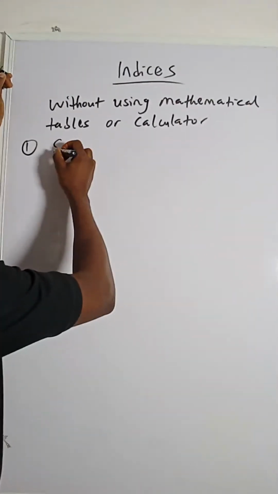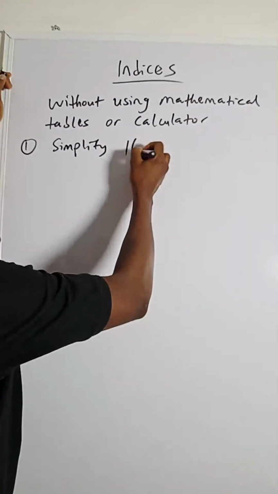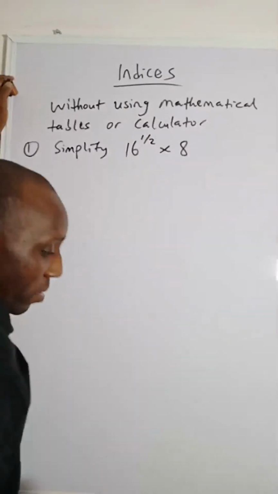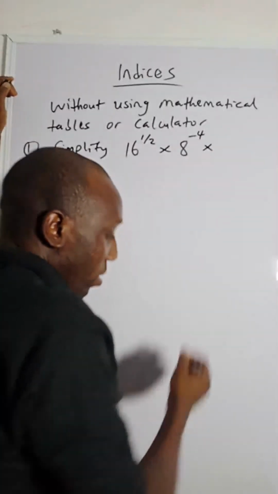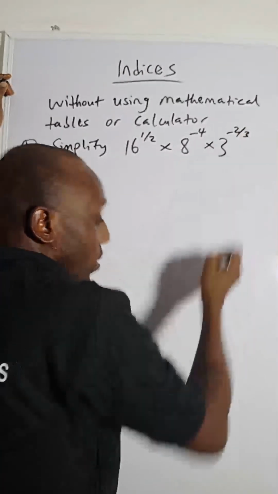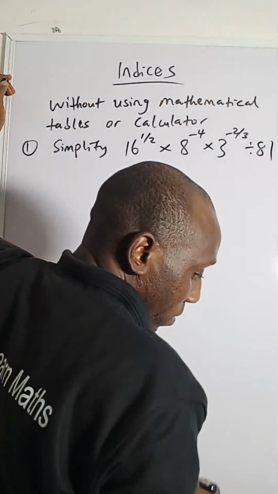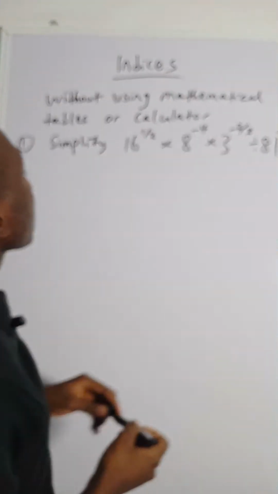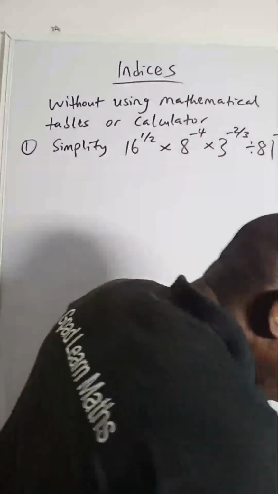Let's simplify 16 raised to the power of 1 over 2 times 8 raised to the power of -4 times 3 raised to the power of -2 over 3. This is quite long. I hope you got that. Are we ready for this?